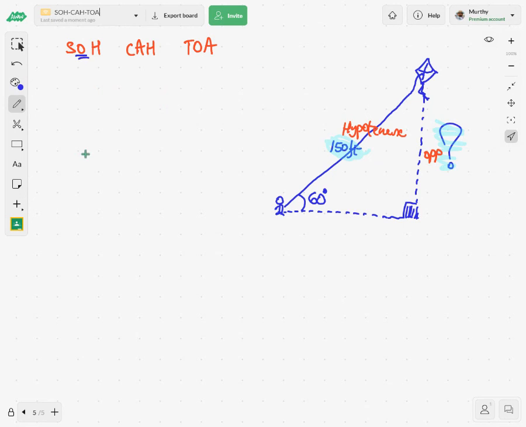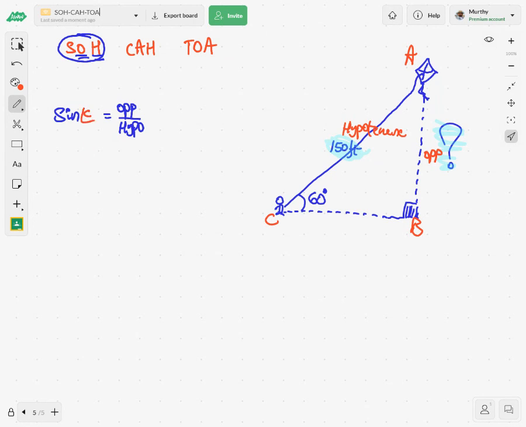I see opposite and hypotenuse in SOH, right? So sine equals opposite over hypotenuse. As I told you before, don't be lazy, please expand, and you may label this one ABC.